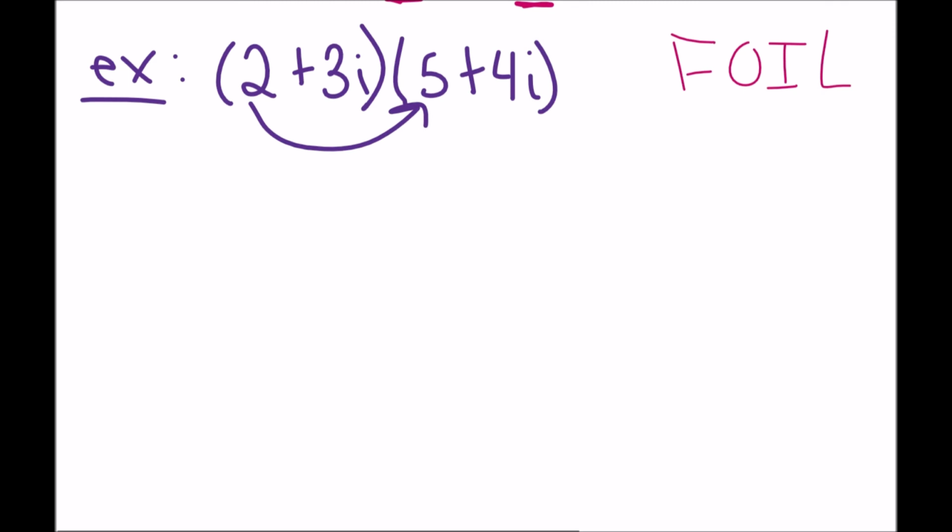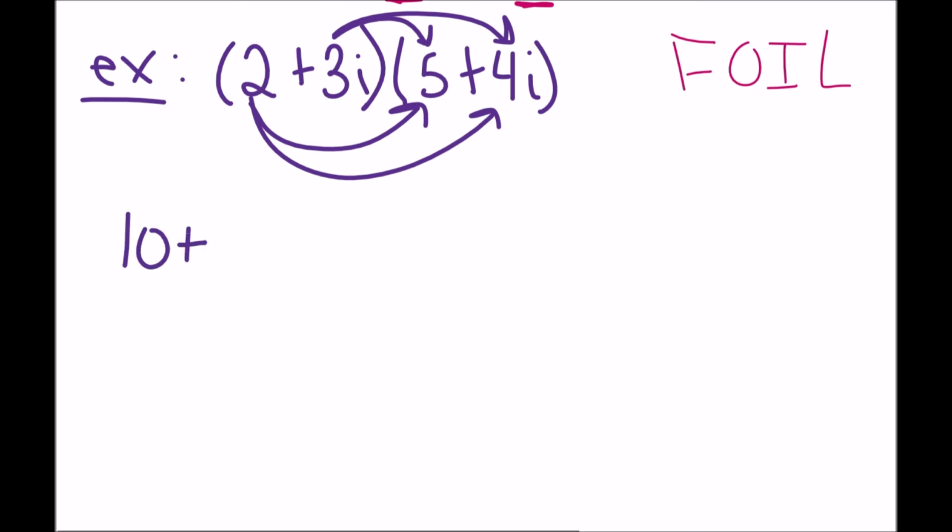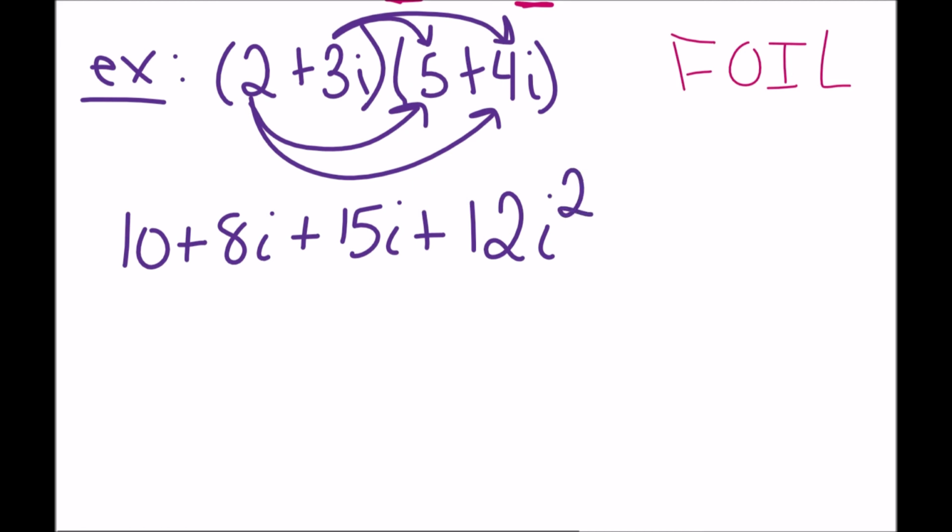So we're going to go here, then here, then here, and finally there. So 2 times 5 is 10, plus 2 times 4i is 8i, plus 3 times 5 is 15i, plus 3 times 4 is 12, i times i is i squared.